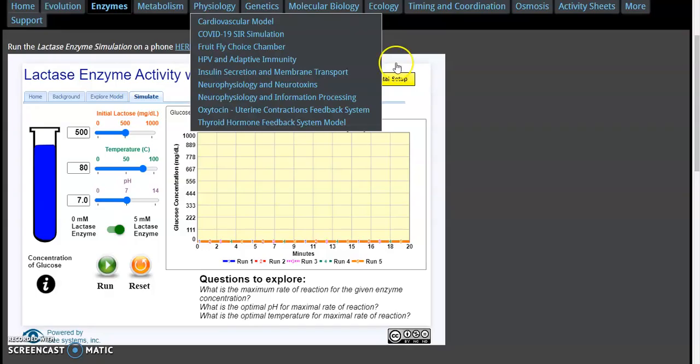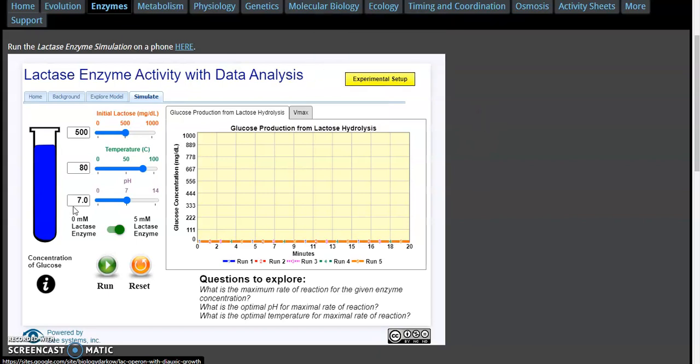The first pH I'm going to test it at is going to be a pH of 1. So here on the pH scale, remember it goes from 0 to 14. The lower the number, the more acidic the solution. So we're going to leave everything else the same.